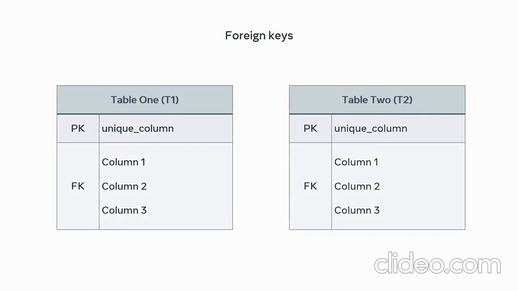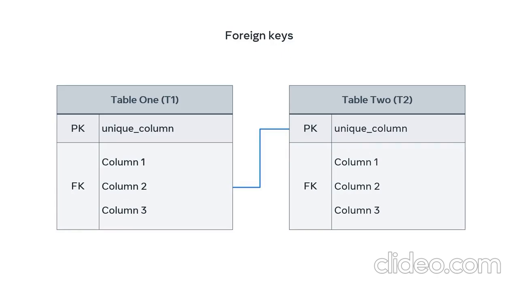To find out more about how foreign keys work, let's take the example of the relationship between 2 generic entity tables. These tables are called Table 1, or T1, and Table 2, or T2. The purpose of connecting these tables is to relate records of data that exist in both tables with each other. The foreign key in T1 should point to a related column in T2.